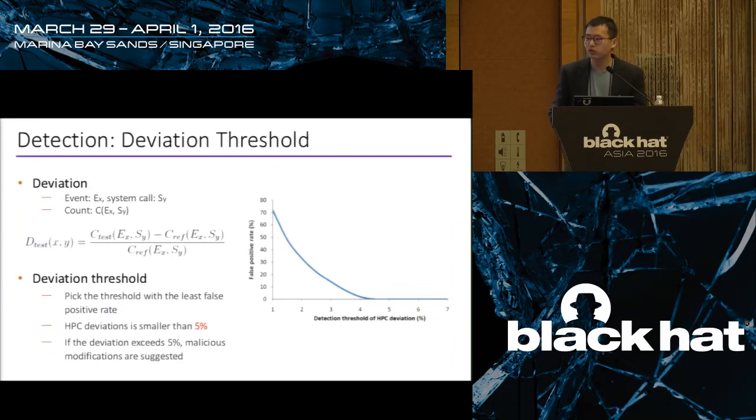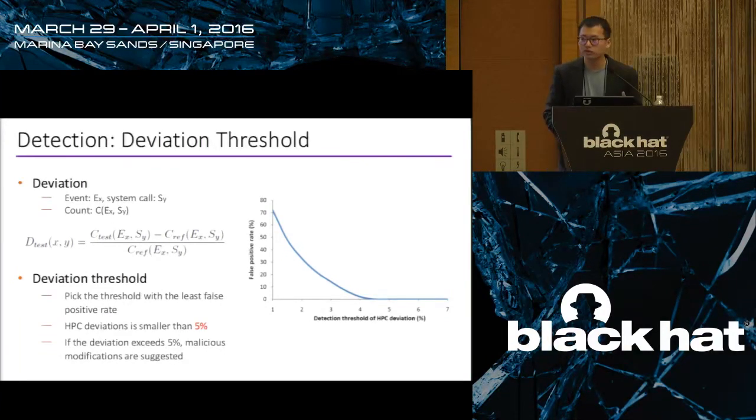The way we do it is that we run through the syscall and the event many, many times, hundreds of times, and then we average the values. After that, we also run a few hundred different test executions. Each time we run the test execution, we use the deviation equation to compute the deviation. And from this set of results, we find that if you set the deviation threshold to 5%, then your false positive will drop to 0.